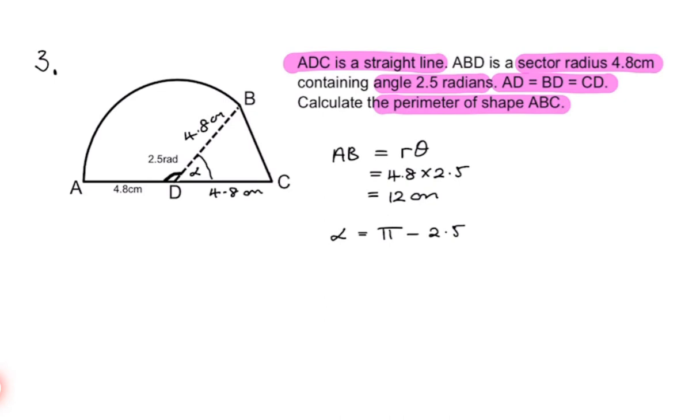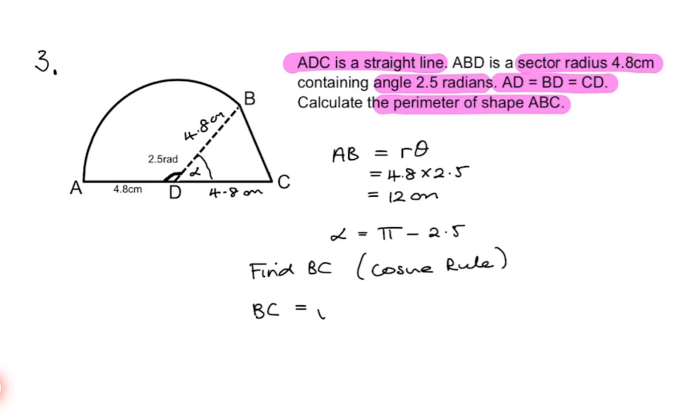Now, you can see that triangle BCD is isosceles. We've got the two sides and the included angle. That means we're going to use the cosine rule. So I want to find BC and I'm going to use the cosine rule. Now I'm not going to write down the cosine rule, you all know it.